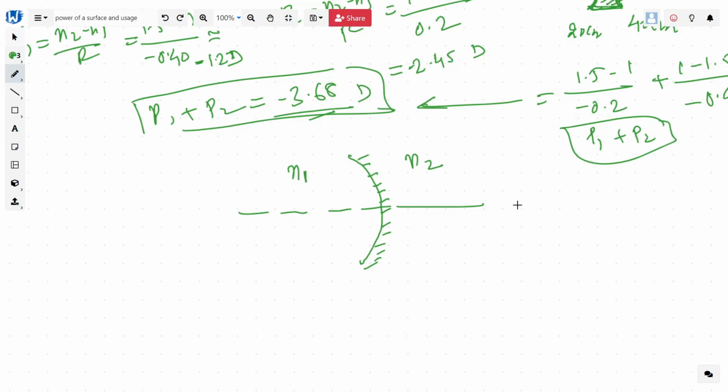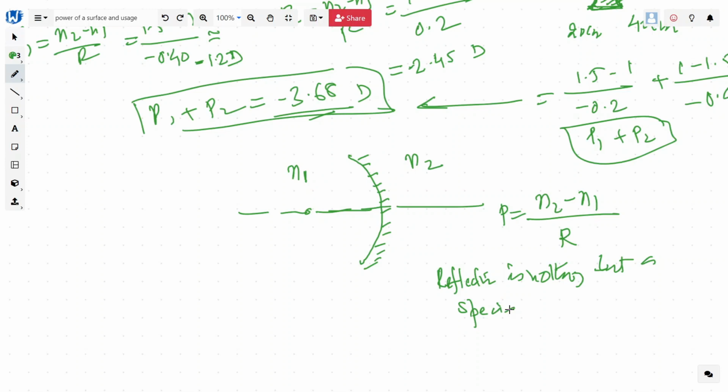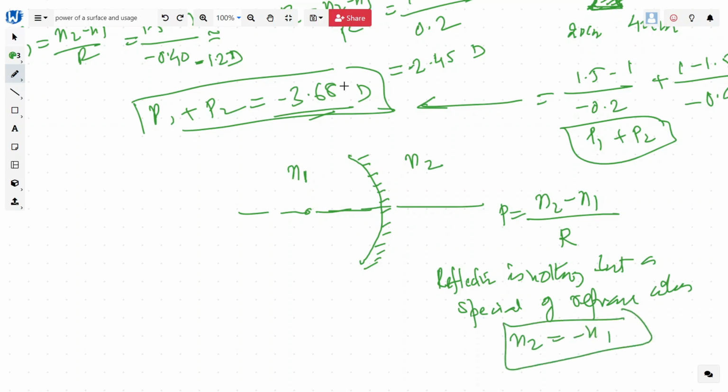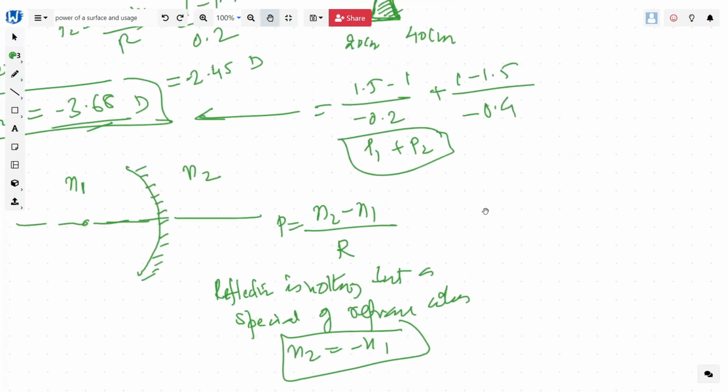In case of a refracting surface, we said the power is going to be n2 minus n1, divided by r, right? And we also said that reflection is nothing but a special case of refraction when n2 is equal to minus 1, or when n2 has sort of a negative refractive index, so that it sort of bends the light away, right?